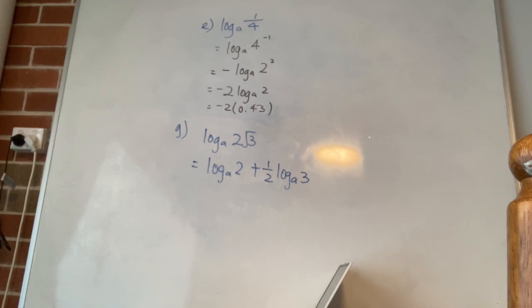Okay, now, the divide means, let's get rid of this side. And minus log a of 4. Okay, now, there's no bracket in here. Let's get rid of the bracket as well.